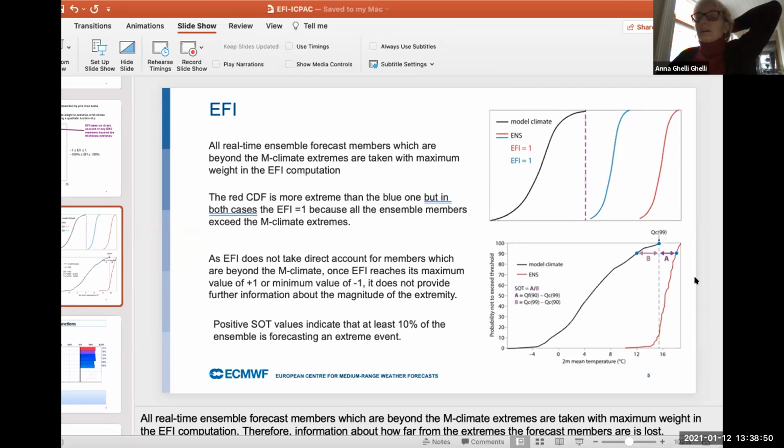Can I just have, I'm going to stop here now. Stop sharing. Can I just ask people whether they are with us or not? I'm a little bit concerned that maybe we've lost them. Yeah, so the question is, do you think you understand the EFI, or would you like Anna to go through it in a bit more detail?